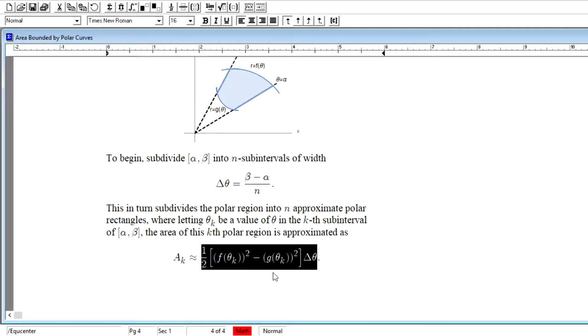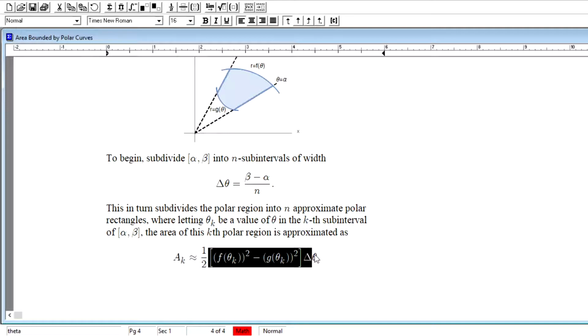calculation for a polar rectangle happening at theta sub k, an angle measurement of theta in the kth subinterval from alpha to beta. If I take 1/2 times f of theta k quantity squared minus g of theta k quantity squared, this is like finding 1/2 the outer radius squared minus the inner radius squared, r2 squared minus r1 squared.